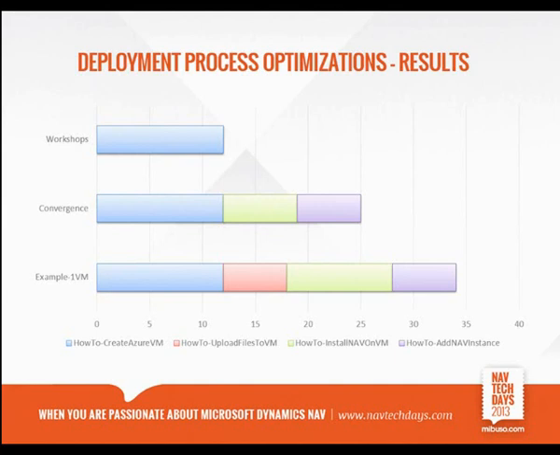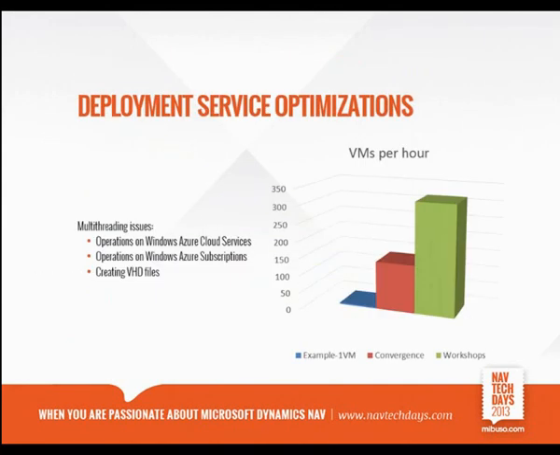So for multi-threading, we had to take into account that for each operation on the cloud service on Azure, you can only have one thread at a time creating. When you start creating a VM, you might end up in a situation with concurrent calls if you want to create VMs on the same hosting service.